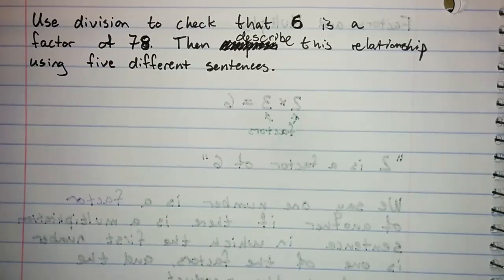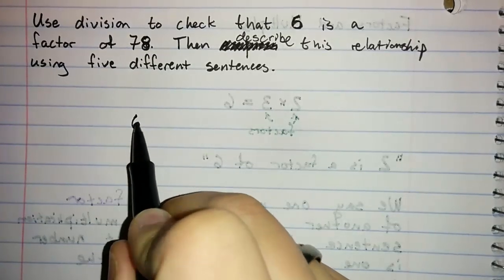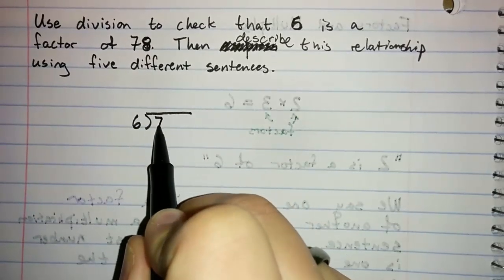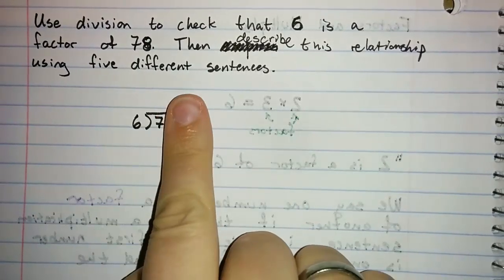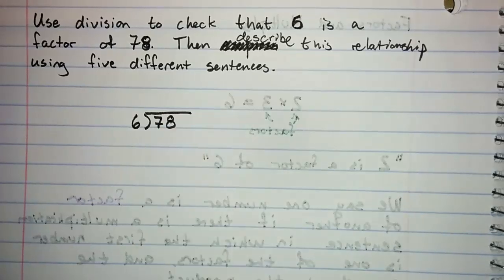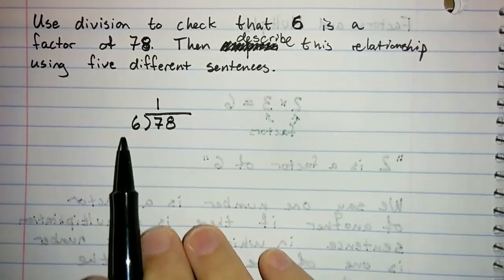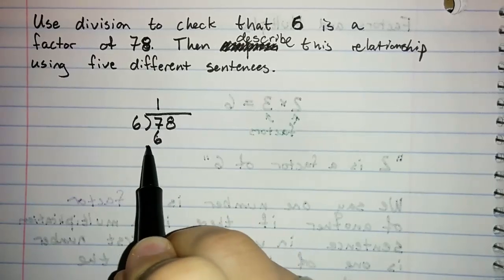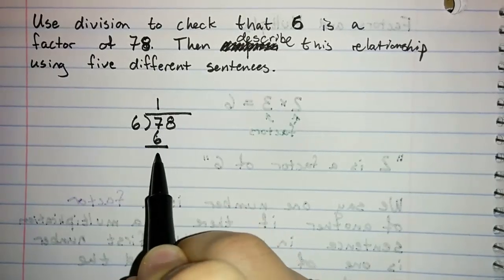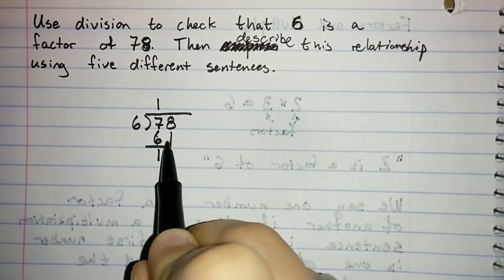Alright, so first we want to do division. 6 into 78. So 6 goes into 7 one time. 1 times 6 is 6. Subtracting, we get 1.